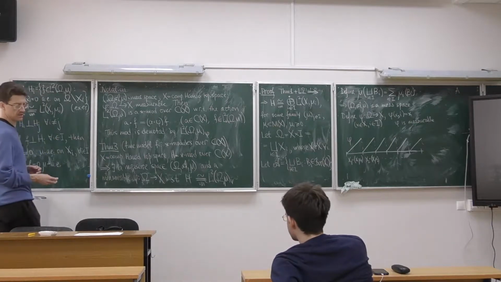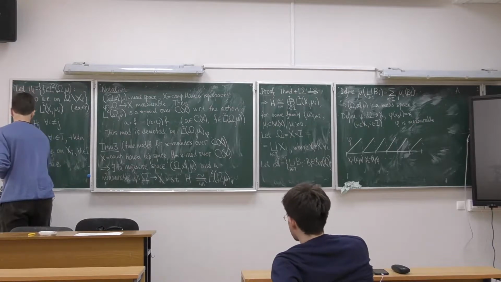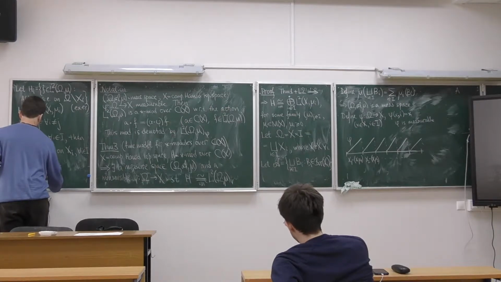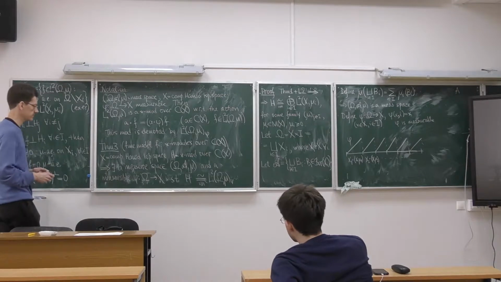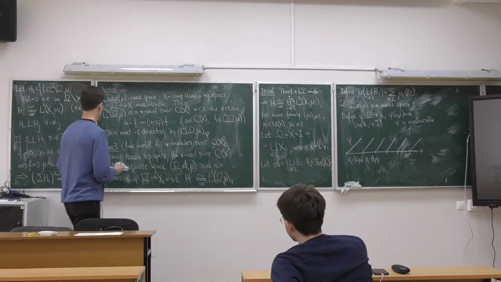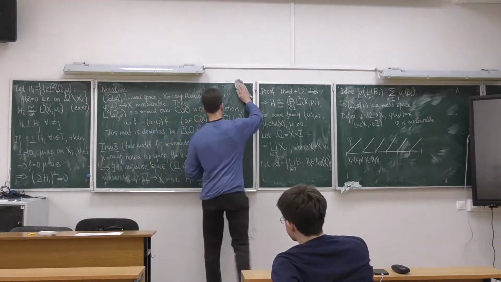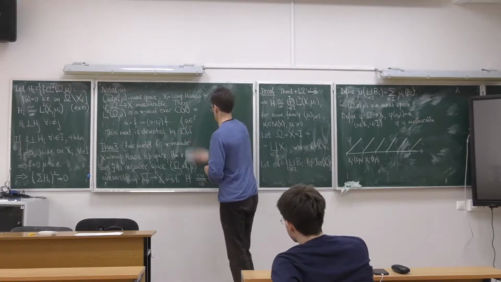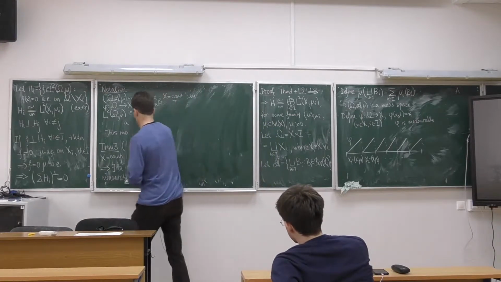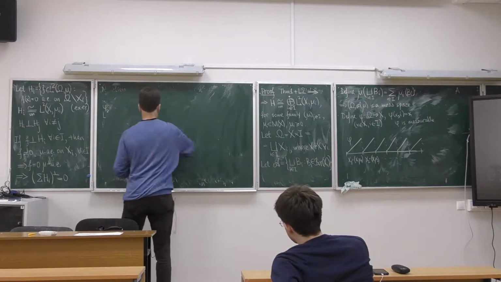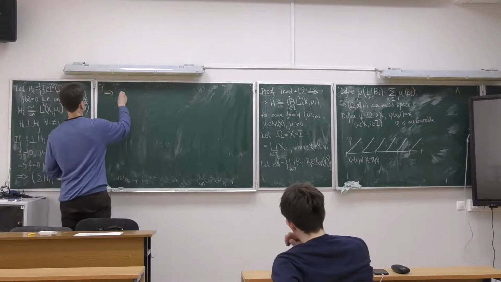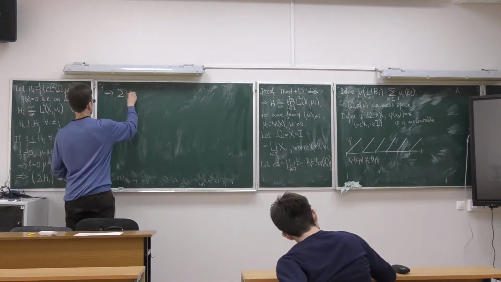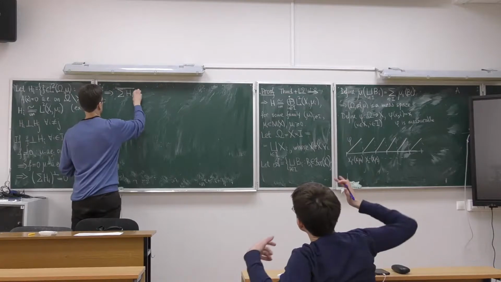And so, this implies that the orthogonal complement to the sum of our family H_i is trivial. Or in other words, this sum is dense in L2 of omega.